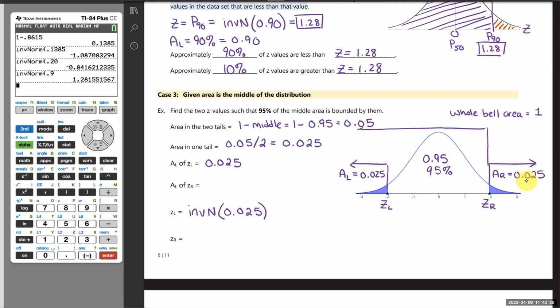So we're back to cases we've already talked about. If we know the area to the right and want the area left, it's always 1 minus the area to the right. So 1 minus 0.025 is 0.975. That would be the area to the left of this z-score.